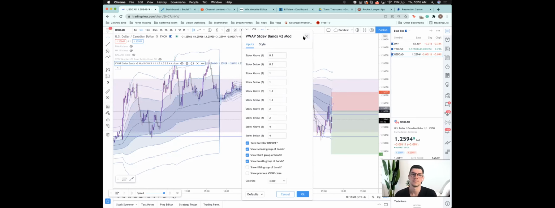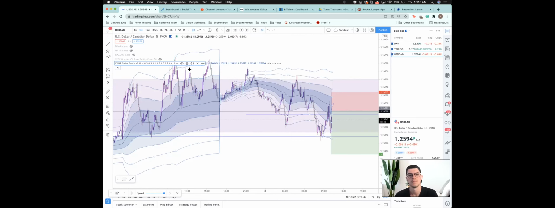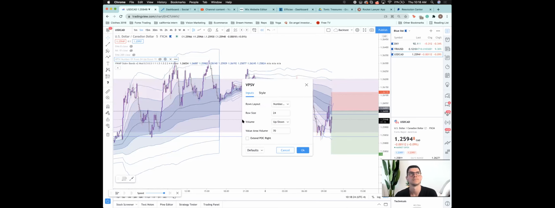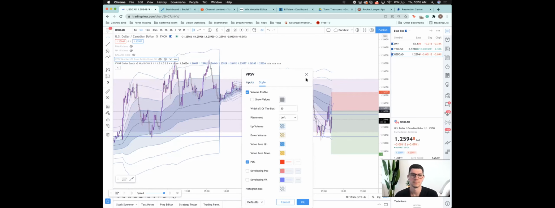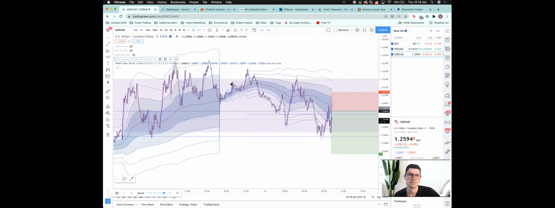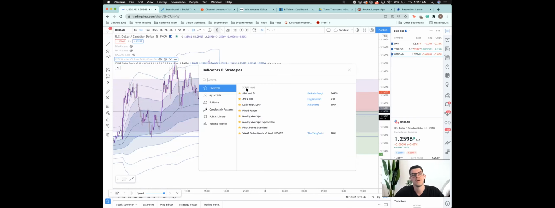And then for this, there's nothing settings-wise to do with the volume profile. The volume profile is just this session. That'll be under indicators, then volume profile on the left side, at the bottom.